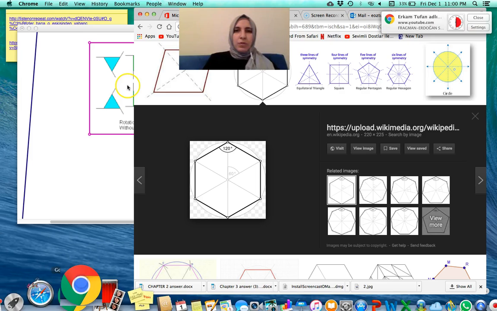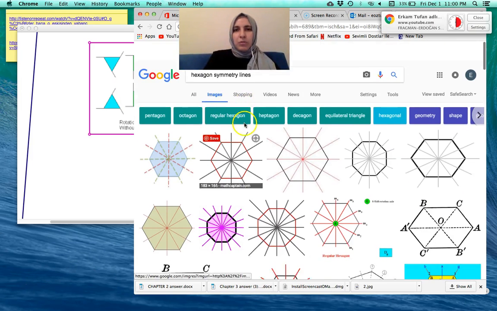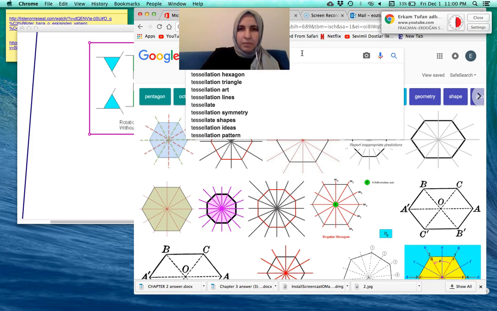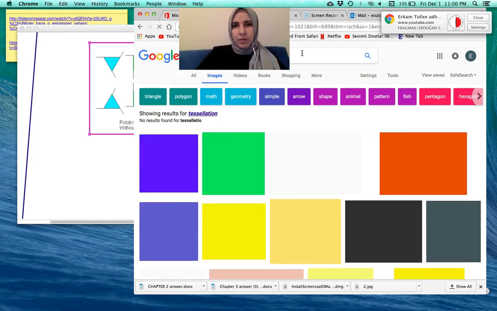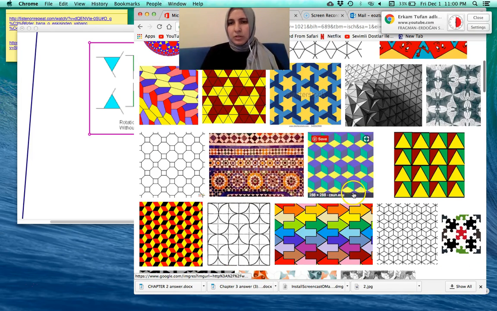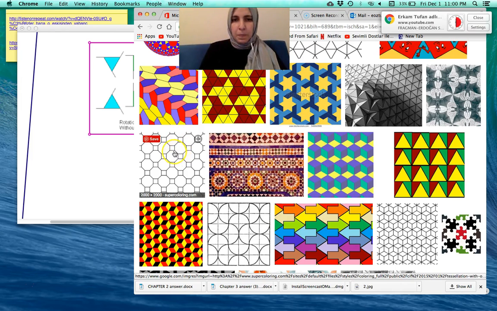I will show that on Google. Yes, as you see, we can use different polygons at the same time. There is a square and a hexagon.